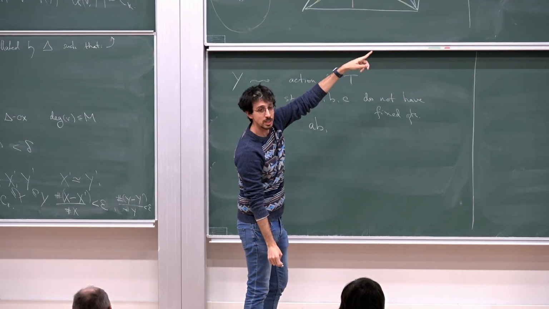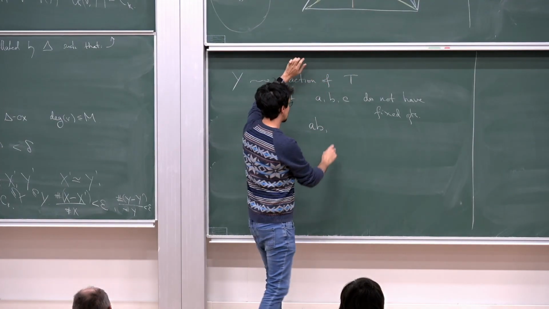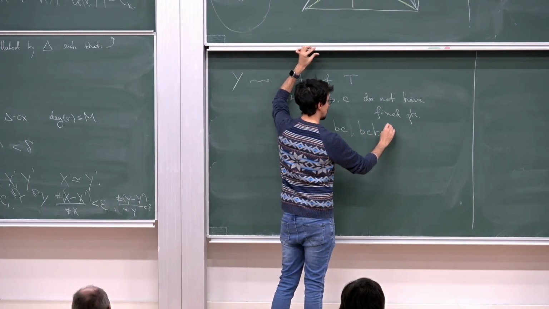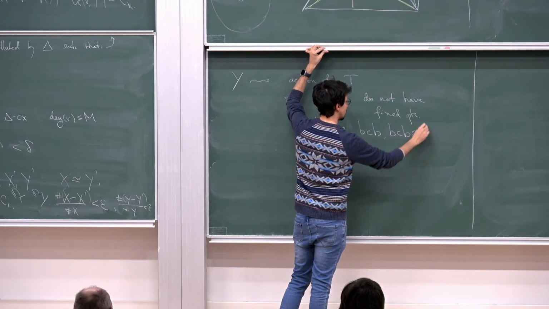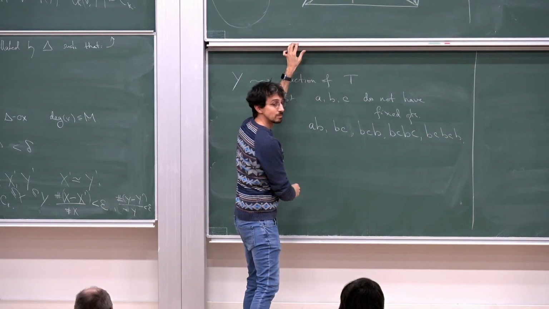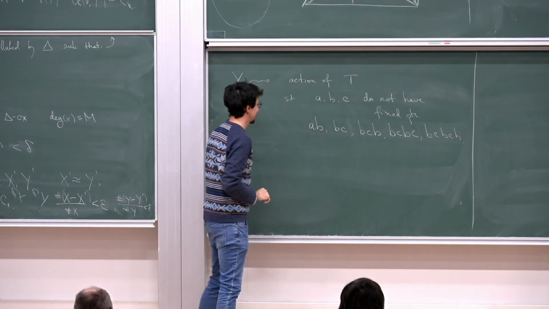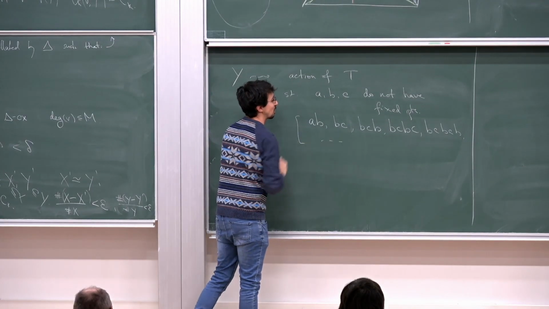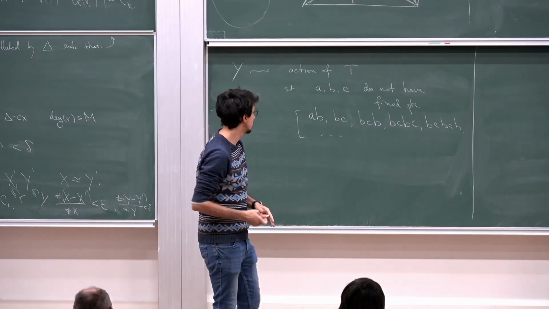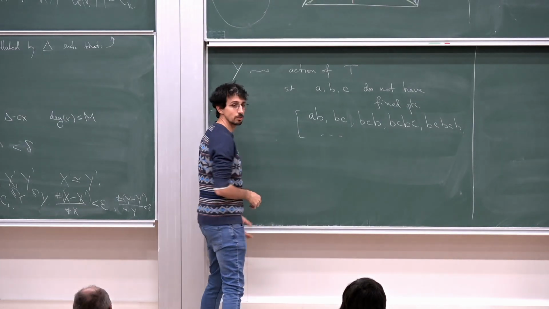What else? BC, BC squared, BCB. Just talking about all the torsion elements of the triangle, right? Exactly. So what I'm listing here is exactly all the conjugacy representatives of torsion elements of T.